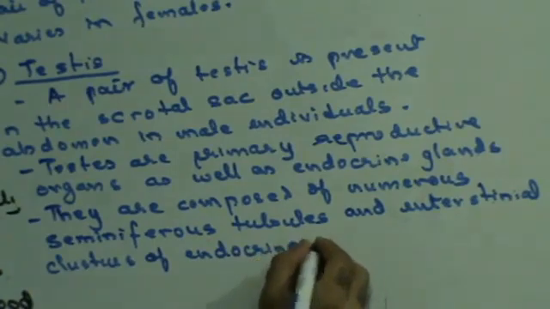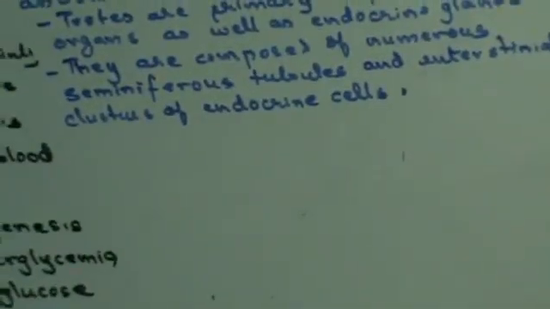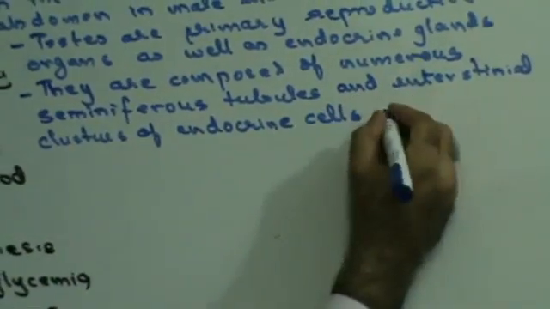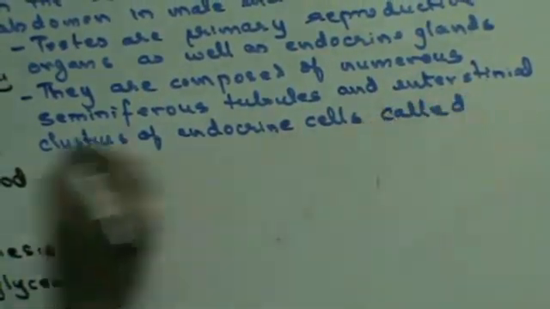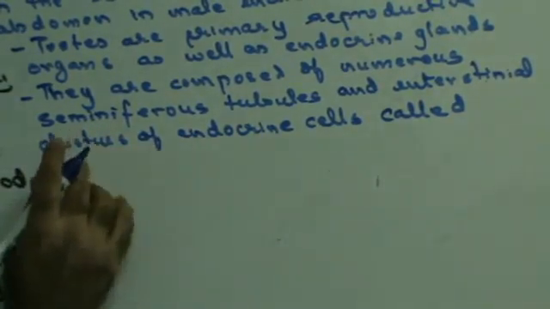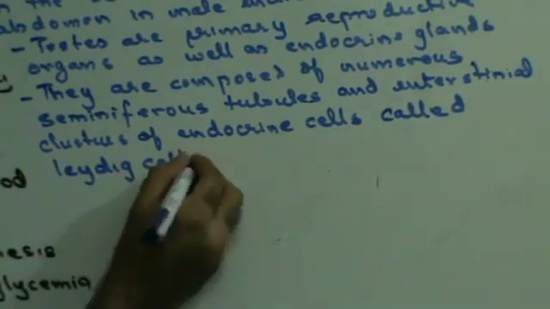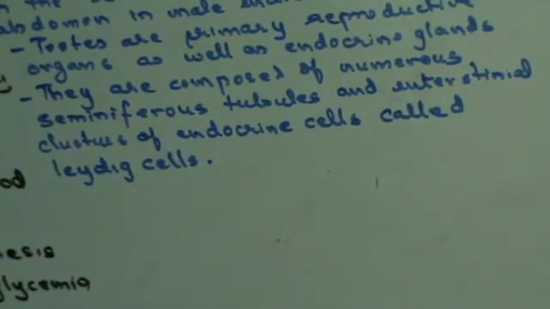That is what they are made up of. These endocrine cells are called the Leydig cells. So they are made up of seminiferous tubules and Leydig cells, right?